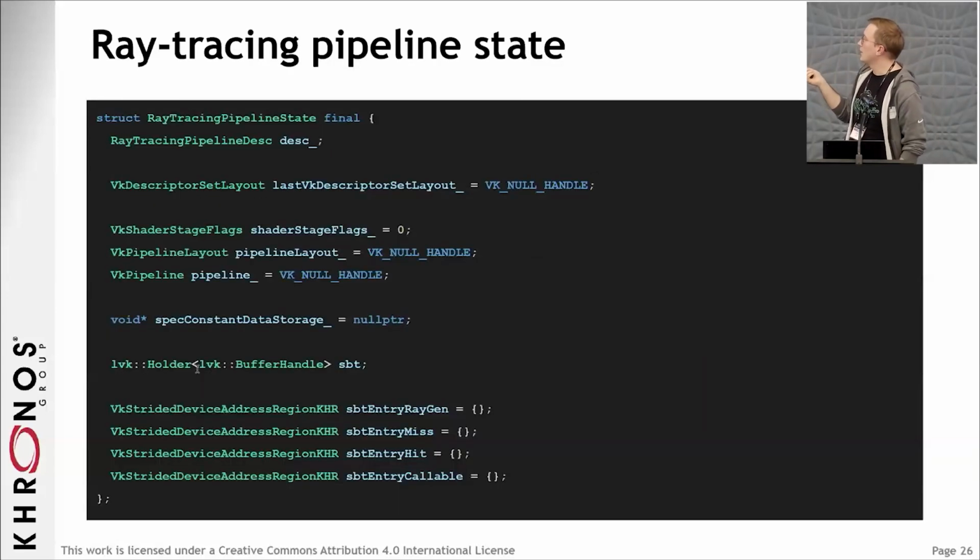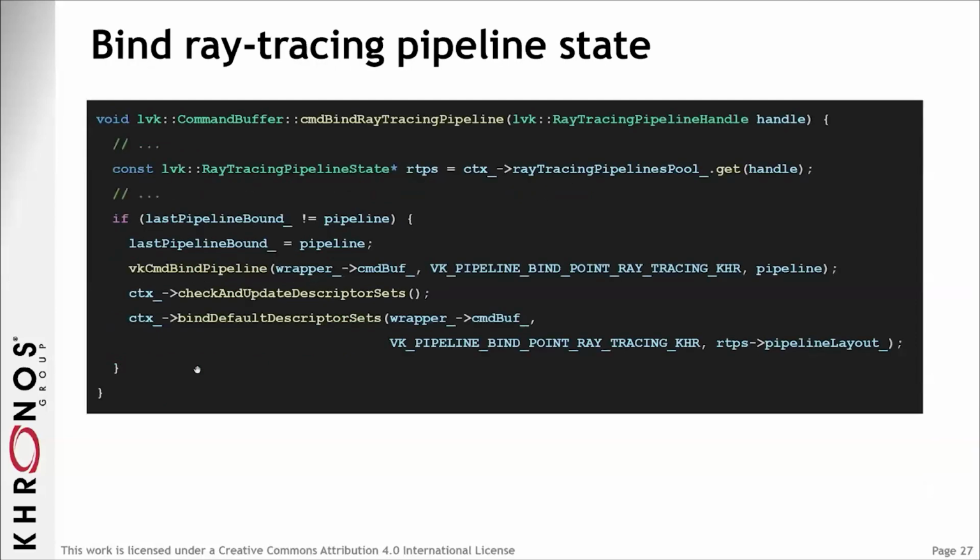Now, the ray tracing pipeline state is our struct that allows us to simplify rendering things internally. It contains all the stuff we should use when we call cmdTraceRays. It includes regions to refer to our ray tracing shaders, a link to the shader binding table, and other useful things. And we use it as you can imagine.